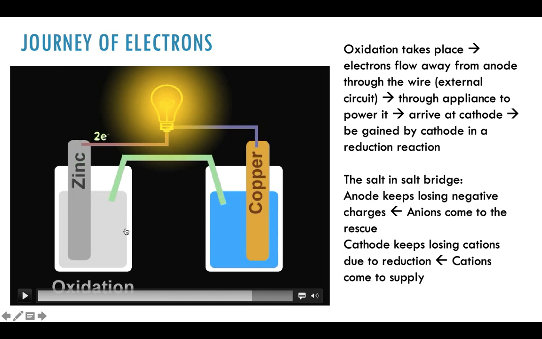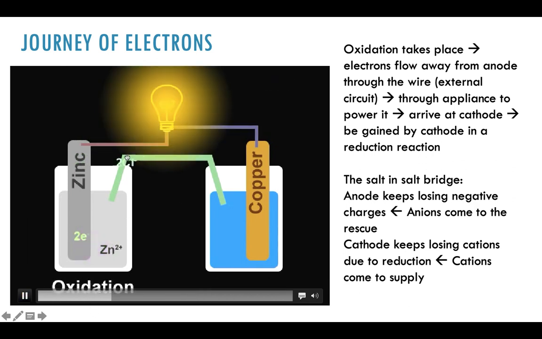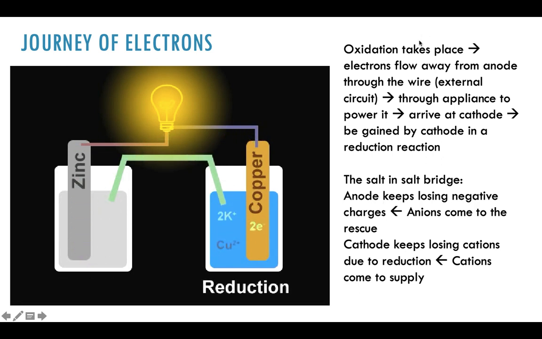So the salt bridge comes in. The anions from the salt bridge come here to neutralize the accumulating cations, and then the cations from the salt bridge come here to supply the cations that were lost here.